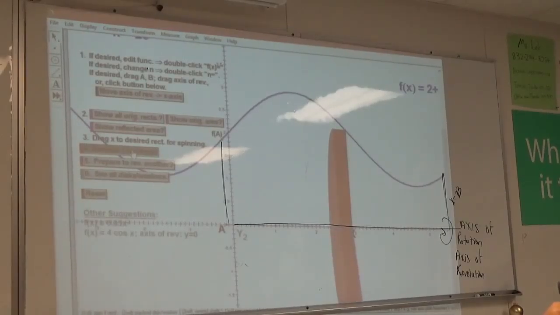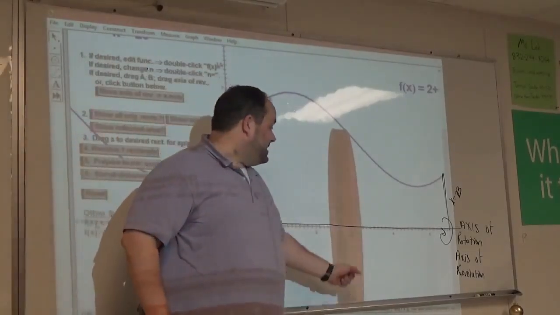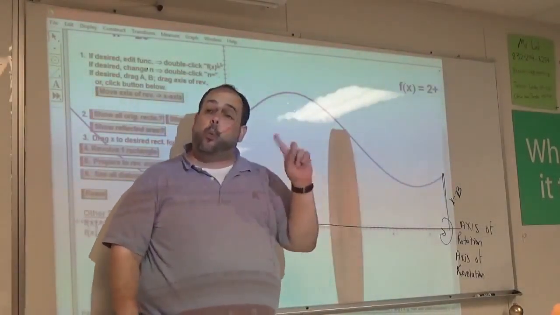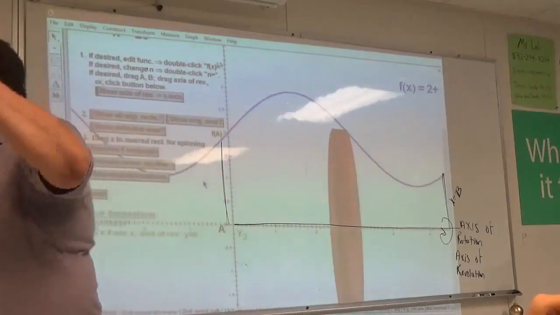Not a circle. A 3D circle, which we would call a wheel, also called a sphere. It's a cylinder. One rectangle spun around the x-axis.